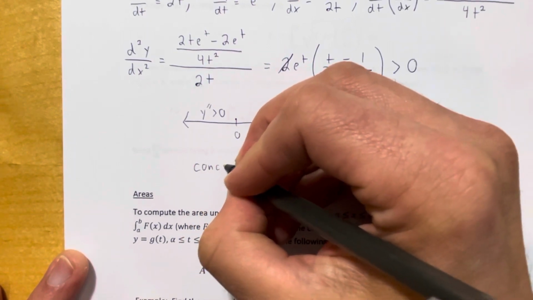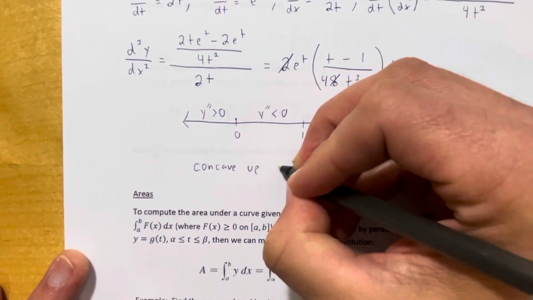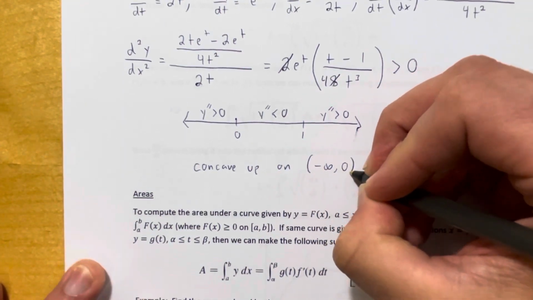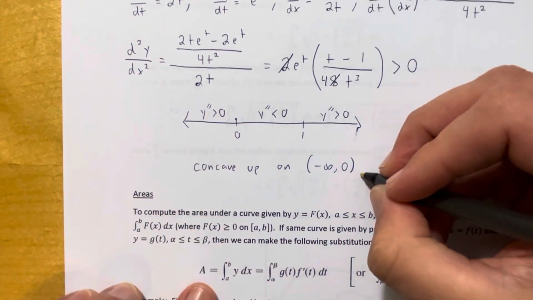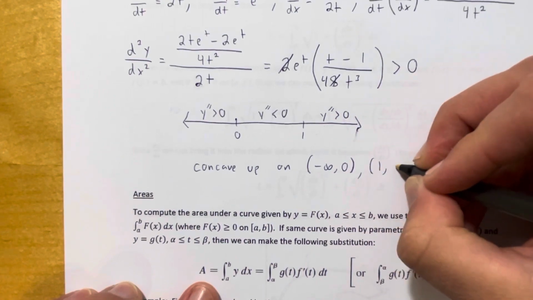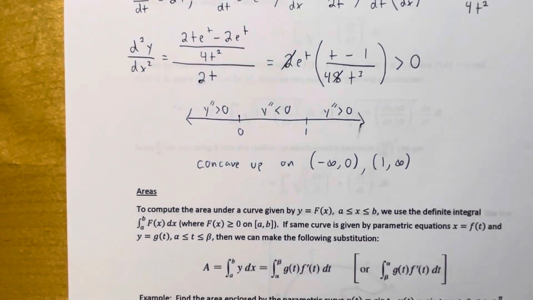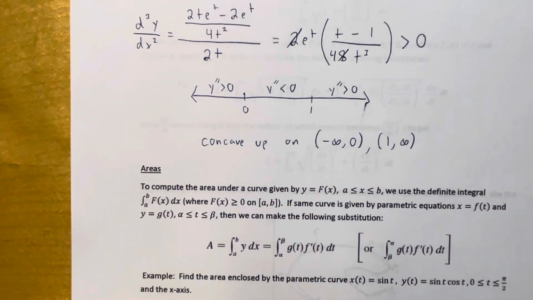So we are concave up on these 2 intervals: -infinity to 0, which is what this interval is, and 1 to infinity, which is this interval here. Okay? That finishes that question. We'll move on to the topic of areas under curves in the next video.